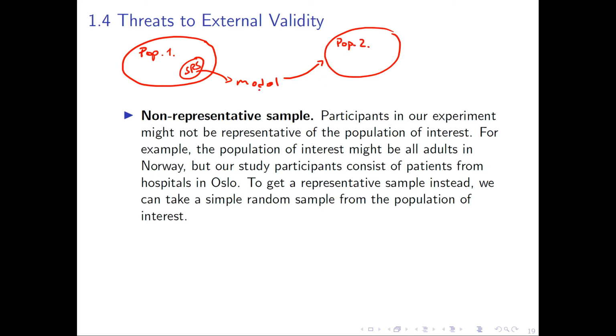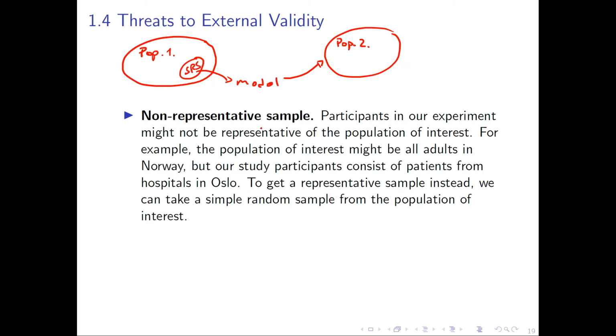What can go wrong here is that this first population is not a representative sample of the population you would like to finally use the model on.